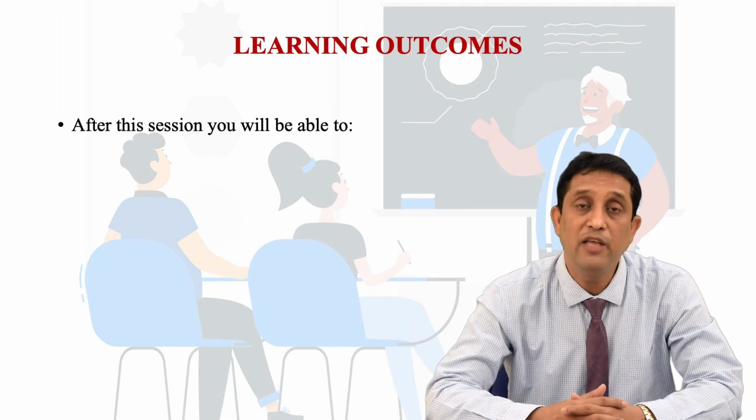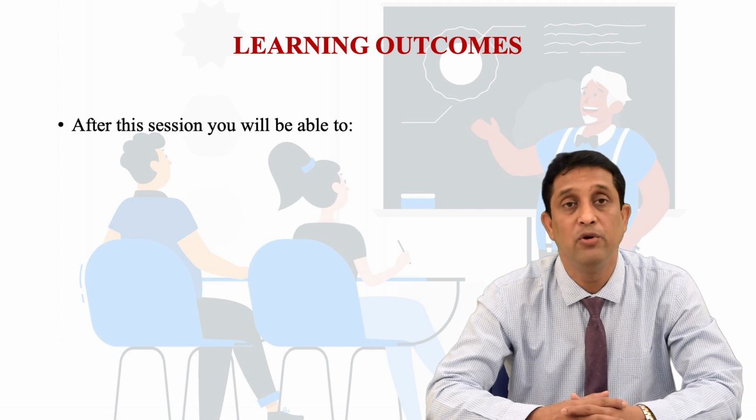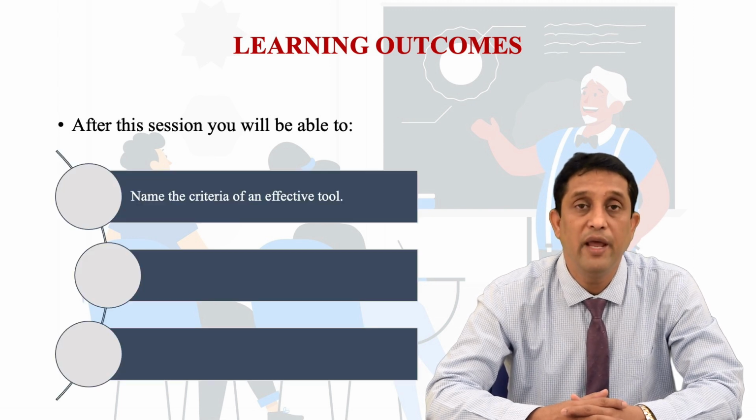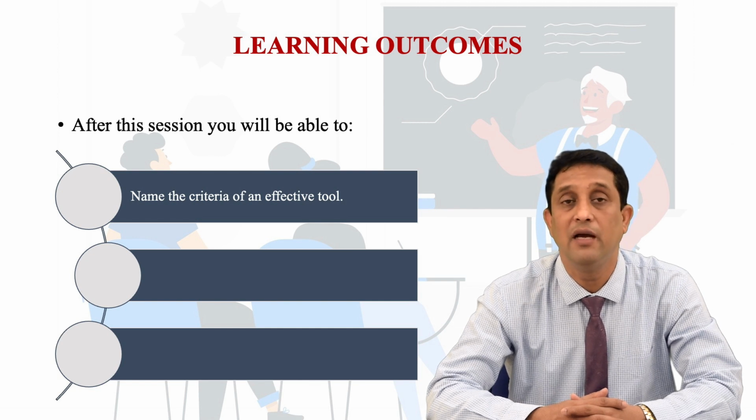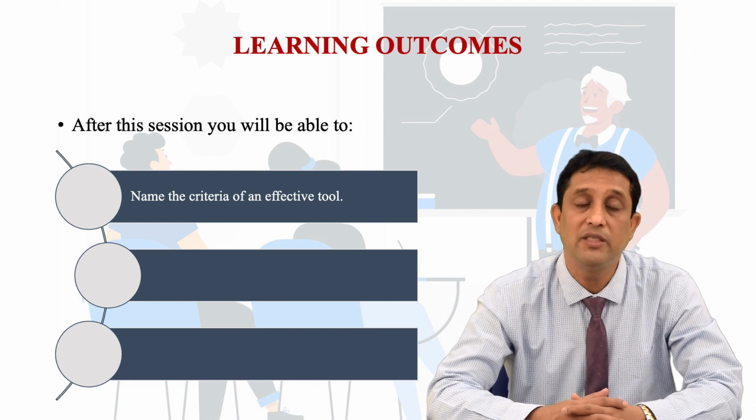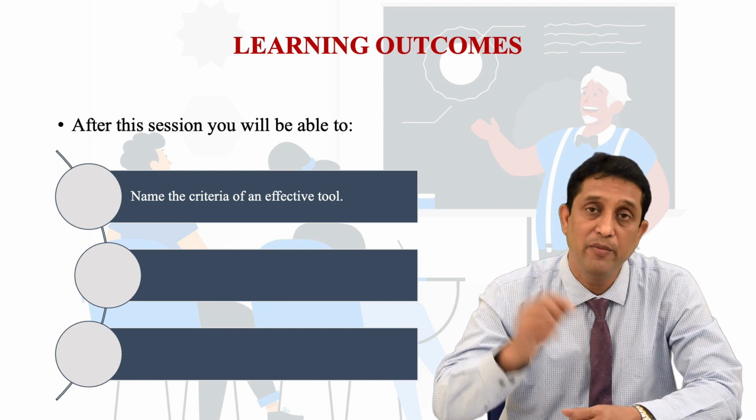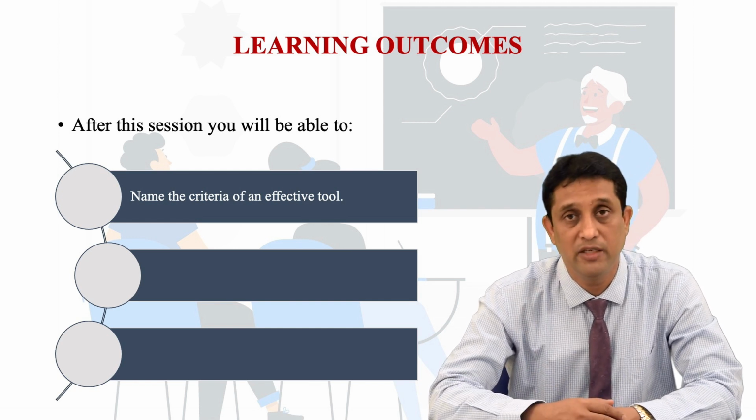Now let us go forward to know the different learning outcomes of this video lesson. After going through this video lesson as well as the part E content given in the module, you will be able to name the criteria of an effective tool, that is, the different criteria that you are supposed to establish for developing an effective tool.